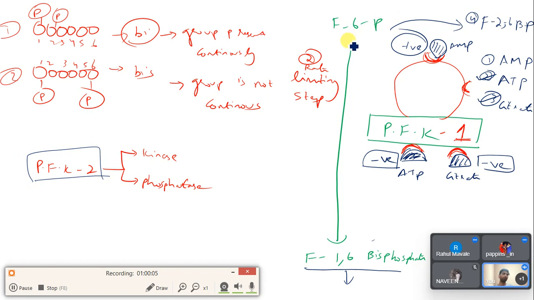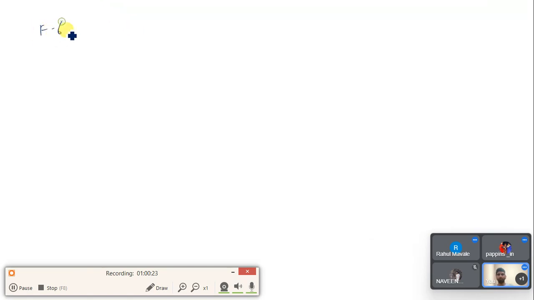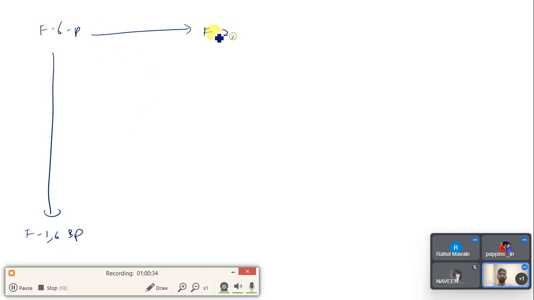When there is an abundance of fructose 6 phosphate in the cell, some of this fructose 6 phosphate is converted into fructose 2,6 bisphosphate by PFK2. So here the enzyme is PFK2.